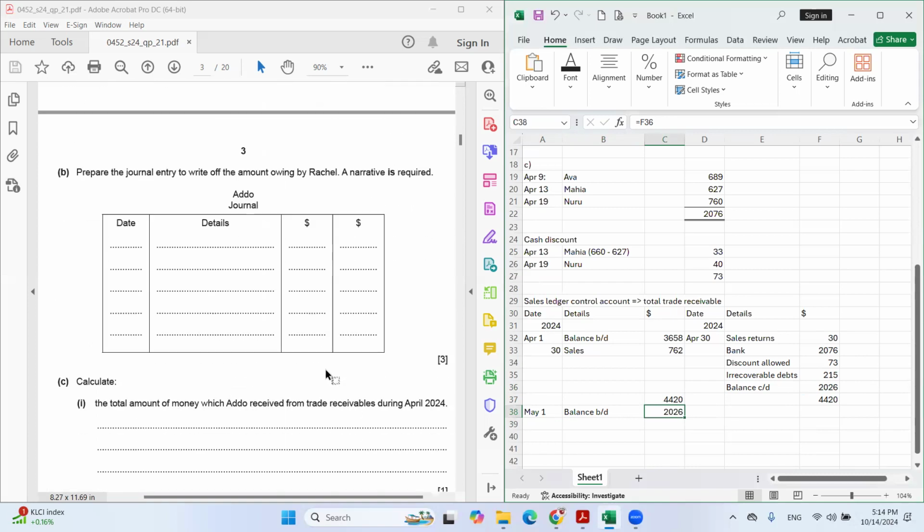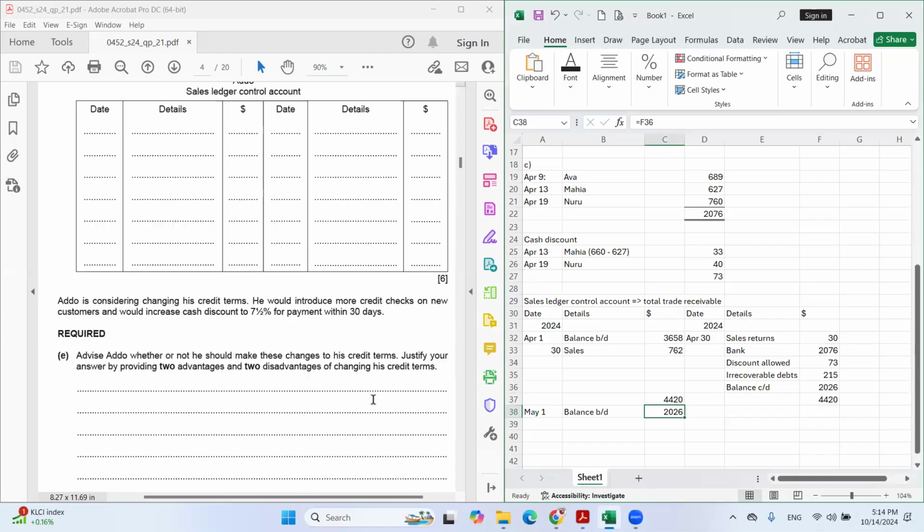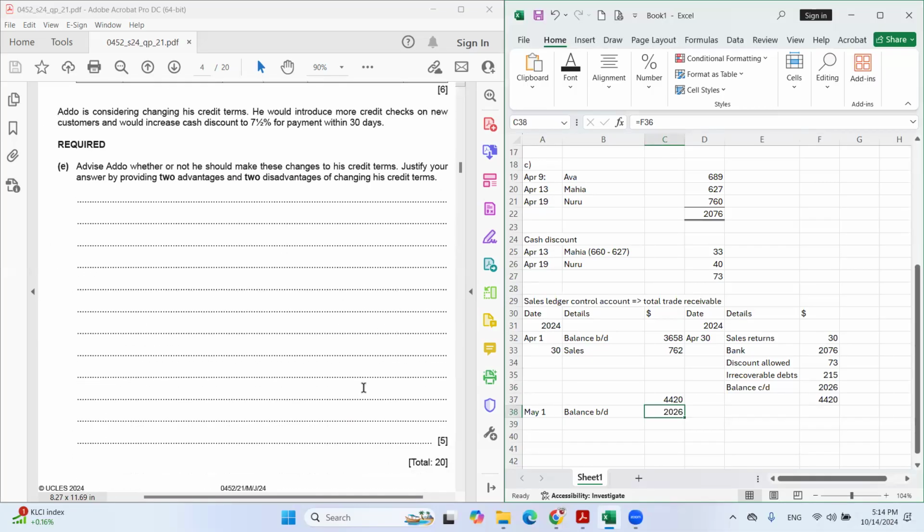Okay, now next is that although he is considering changing his credit term, he will introduce more credit checks on new customers. So that means for all the new customers, before taking their order, they want to check the credit, to see whether they are good customers or bad customers, and will increase the cash discount to 7%.